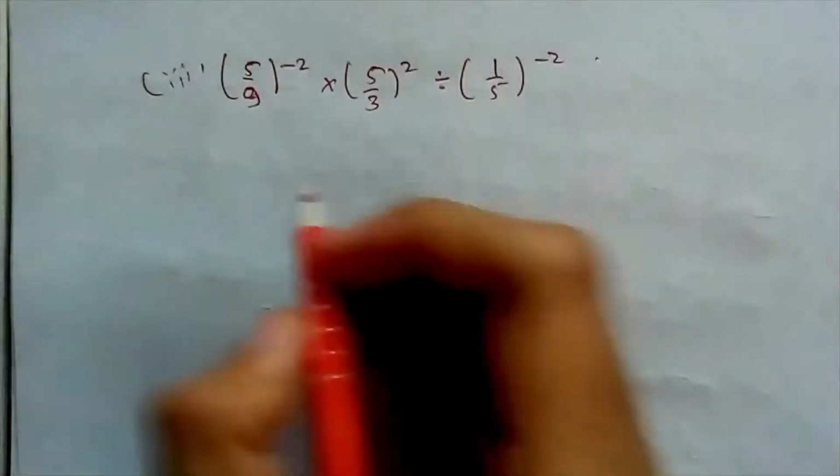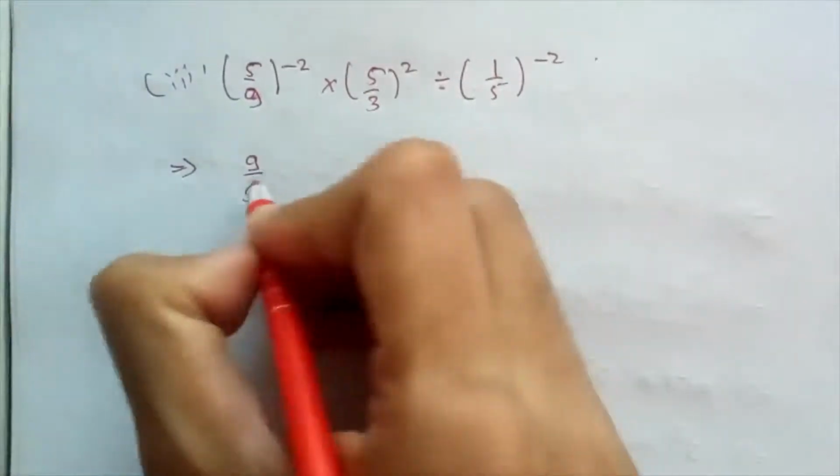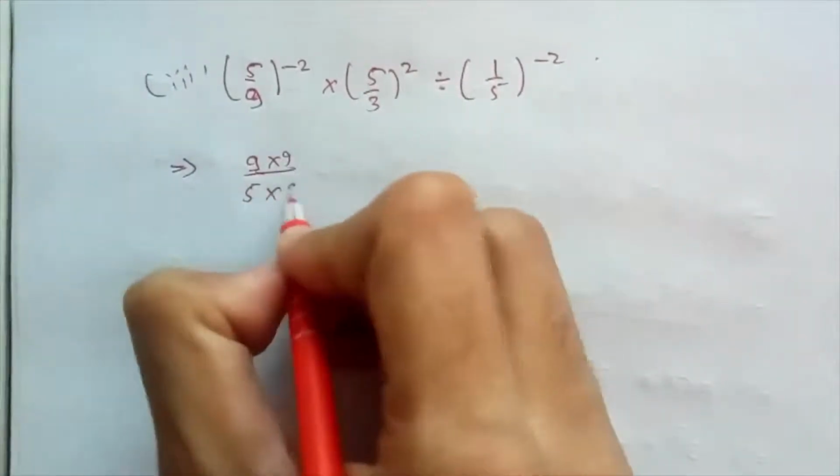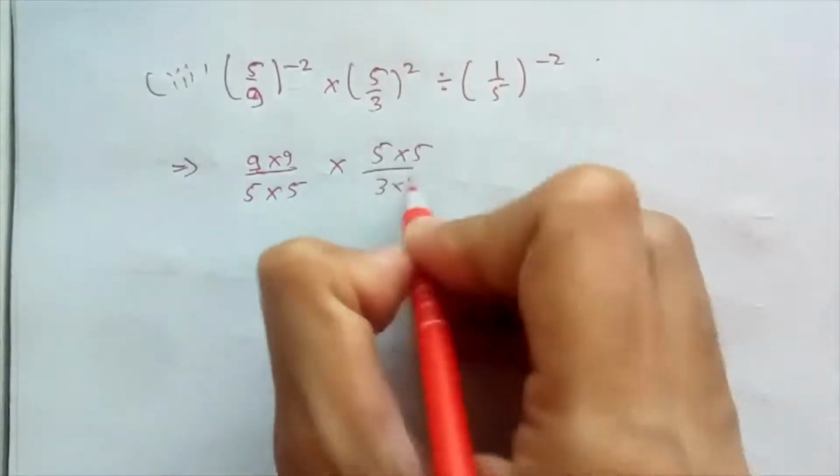So for solving the next question, let's write it as 9 into 9 upon 5 into 5, 5 into 5 upon 3 into 3.